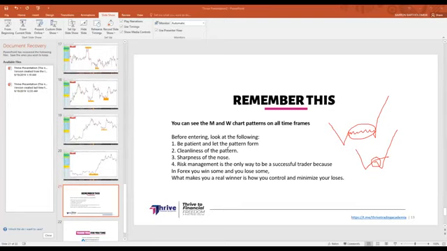So let's also understand this. Risk management is the only way to be successful as a forex trader. Note, it is the only way to be a successful forex trader. Because in the forex market, you win some and you lose some. But what makes you a real winner is how you control and minimize your losses. You can know all the patterns in the world. You can be the encyclopedia of forex markets. You can be the one even the gods run to come and understand what happens on the charts.